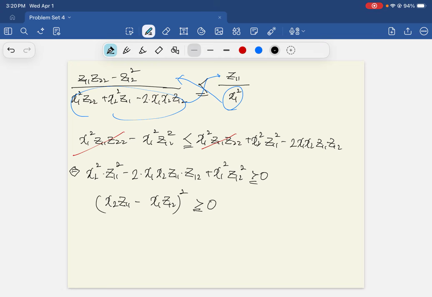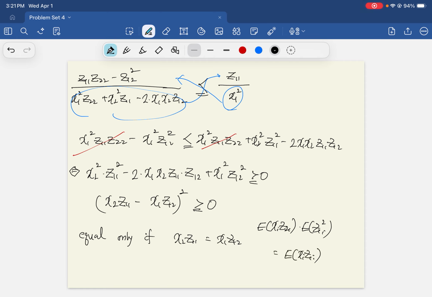And they are equal only if x2 z11 equals x1 z12, right? That is, the expectation of xi z2i times the expectation of z1i squared equals the expectation of xi z1i times the expectation of z1 z2.